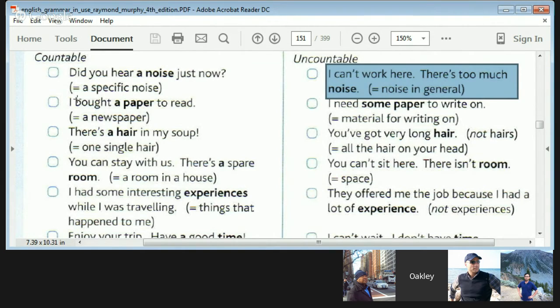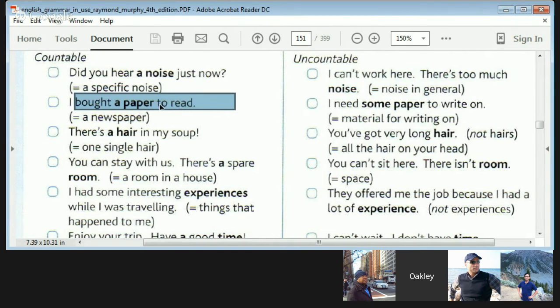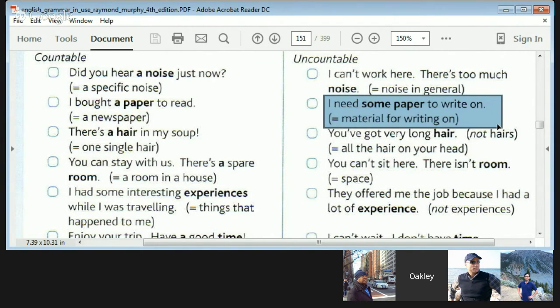Paper. Here's another way that they can be countable and uncountable when they have a slightly different meaning. For example, in English, a paper refers to a newspaper, and newspapers are countable. I bought 3 newspapers. So it has a slightly different meaning than when you talk about material.